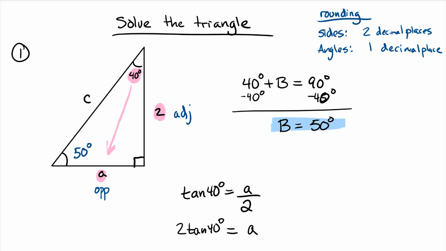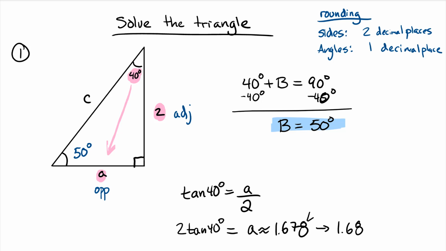Two times tangent of 40, yeah, sorry. I was looking at my answer and just going, that seems wrong. And I get approximately 1.678. See, I write 3 decimal places down to round to 2. Because now we can take it and go, oh, that 8, it's 5 or bigger, so we got to call it 1.68. Well, there's our A.